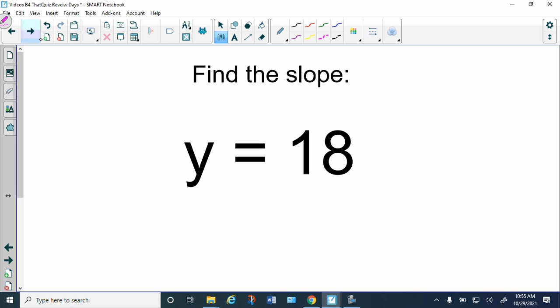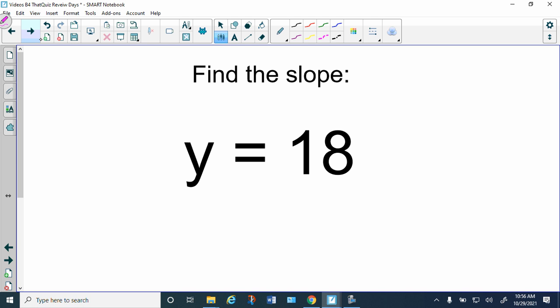All right, write it down, find the slope. y equals 18. And you're probably like, Ms. Overby, there's no slope. I'm like, oh, so close. We have to use a number to describe the slope, right? When we use a number to describe something that's missing, like if I'm missing $1 million in my bank account, I just would have 0.